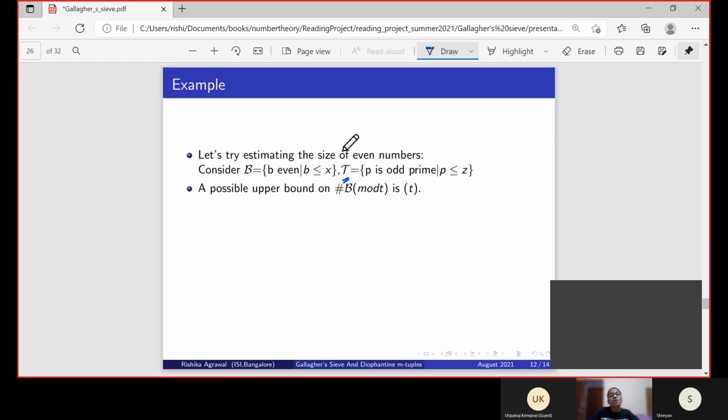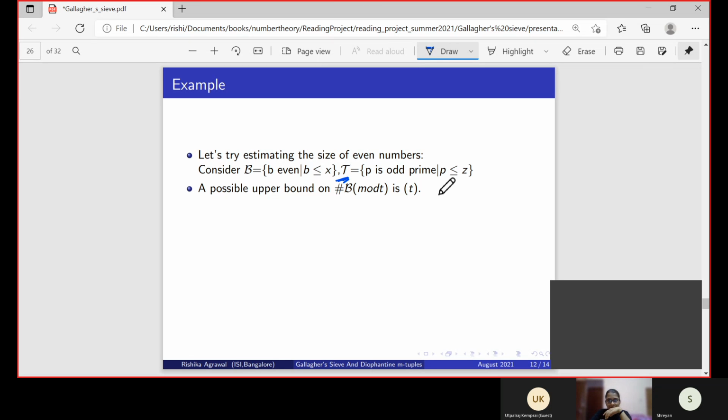Maybe I wanted to see the size of even numbers and the size of all the numbers that are divisible by 3. Then I would miss 2 and 3 and start from primes equal to 5. Similarly, if I wanted something else as my estimating set, I would change my T accordingly. So here, because I want to consider even numbers, I have considered all primes other than 2.